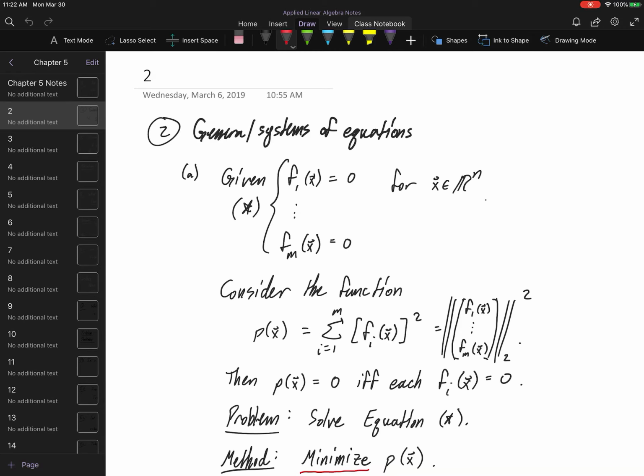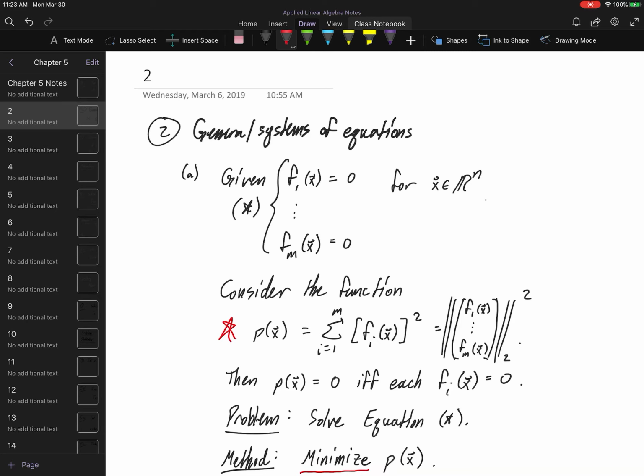But let's not get too carried away here. We would like to solve this general system of equations for whatever solutions there might be, if any. So what I'd like to do is consider the following function, which is just the squared 2 norm of the vector on the left-hand side.